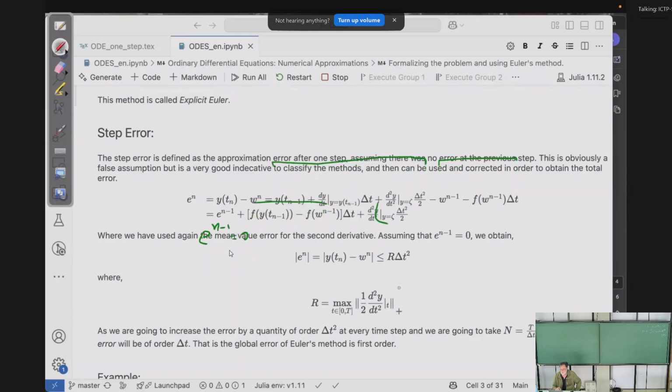So we can bound the error by the derivative of the exact solution. That means that if we know properties of the solution, we can have a value for this. We might know this or not, but we can probably bound this. And what we are getting is that when we decrease delta t, the error goes like delta t squared.